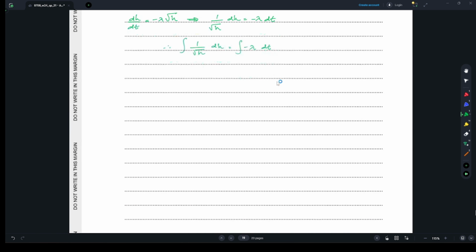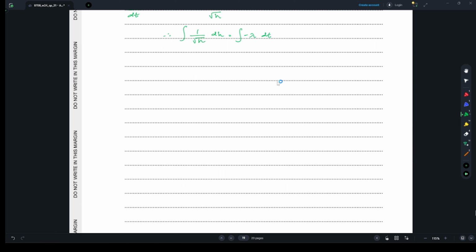So minus lambda is a constant. So here I can just modify: this is h to the power minus half dh, and here minus lambda dt. If you want, you can take out minus lambda.